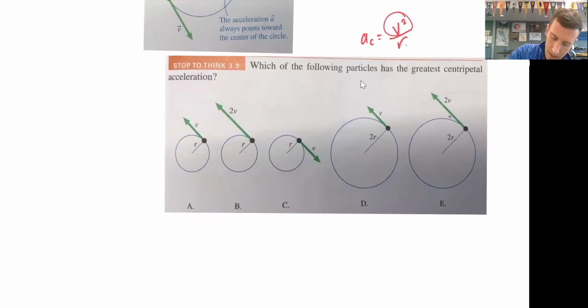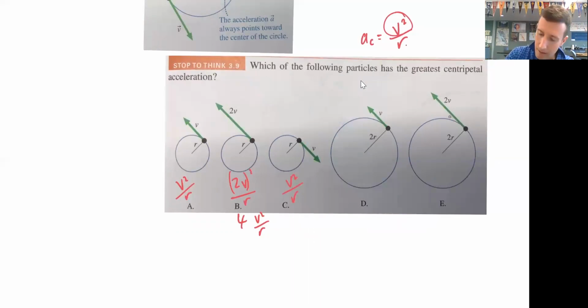So in this case, I would do v squared over 1r. In this case, it would be 2v squared over r, so that's like 4v squared over r, because 2 squared gives me 4. In this case, it's going the opposite direction, but it's still the same idea, v squared over r.